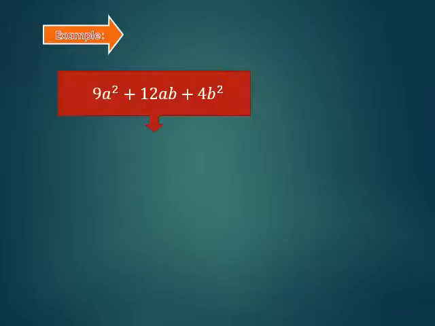Now we'll do some examples. First, the given example is 9a square plus 12ab plus 4b square. Here, first we observe, is there any common factor? Overall, there is no common factor. And next, observe the first term and the last term, that are the extreme terms.